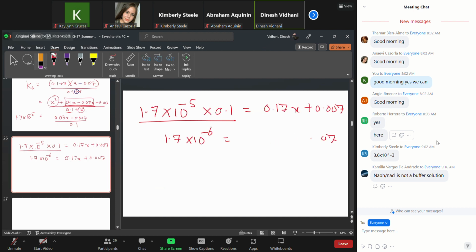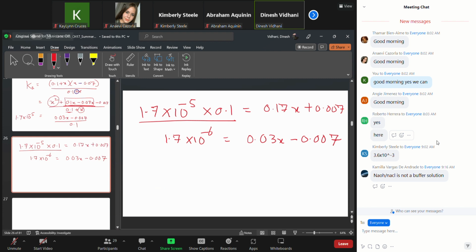Well, let's see what we got here. 0.03x minus 0.007. Now, does it make sense? Did you notice I mentioned there was a problem with the assumption, there was a problem with the equation. Now you saw how it flows, right?